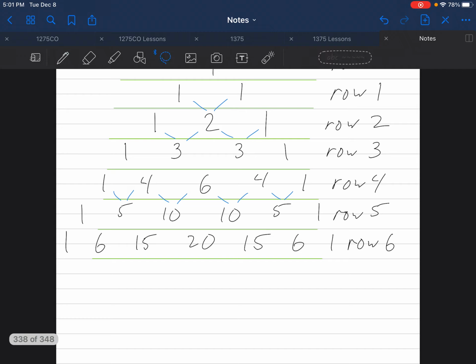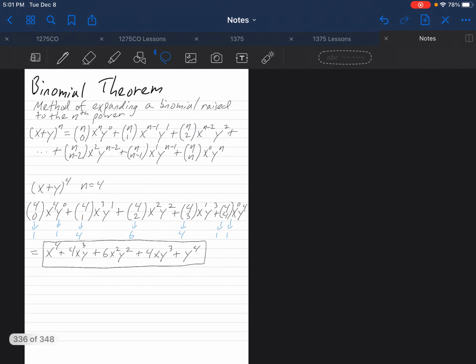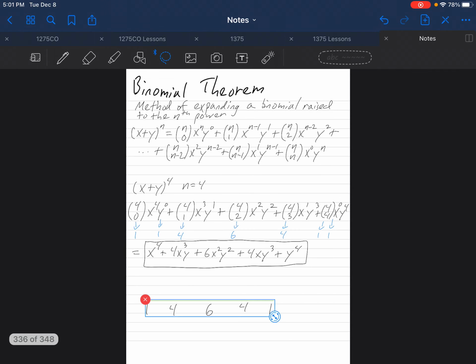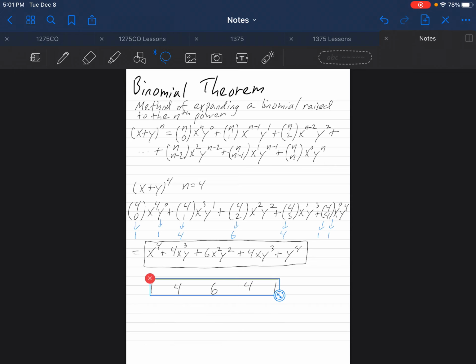Now take a look at these numbers, these coefficients. Let's take a look at this one right here, which is row number 4. 1, 4, 6, 4, 1. I am going to actually copy this row. This is row number 4. And I'm going to paste it right underneath here.